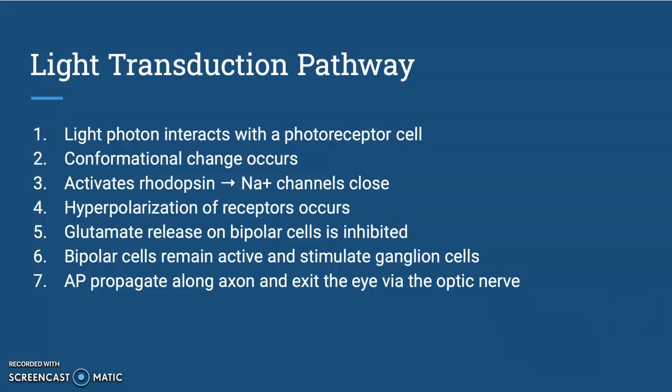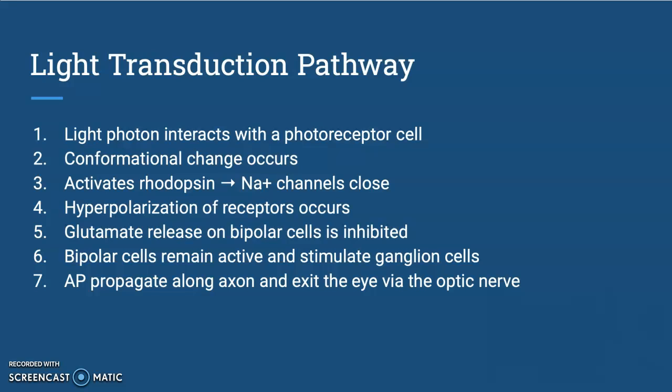The conformational change activates something called rhodopsin, which triggers a cascade of sodium channels to close in the membrane of the photoreceptor cells, and this hyperpolarizes the receptors. So the hyperpolarization of the receptors will then further inhibit the release of something called glutamate on the bipolar cells.